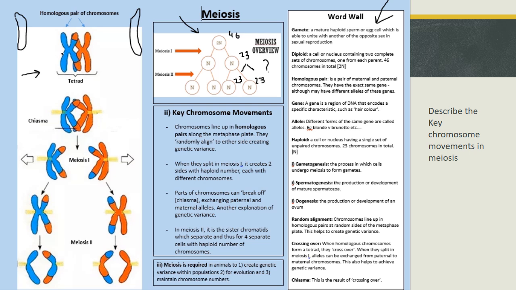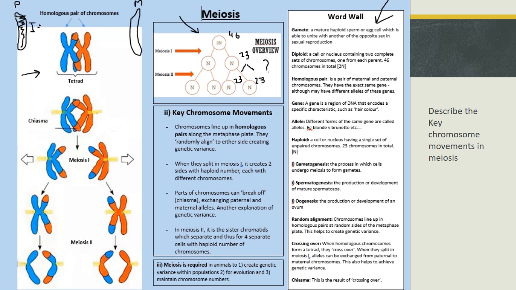So we've got blue, let's say this is paternal, i.e. from your dad, the red being maternal, from your mum, and these are a homologous pair, which means that on this piece of chromosome, which is made up of DNA, a certain bit of that DNA will code for a gene of some kind.